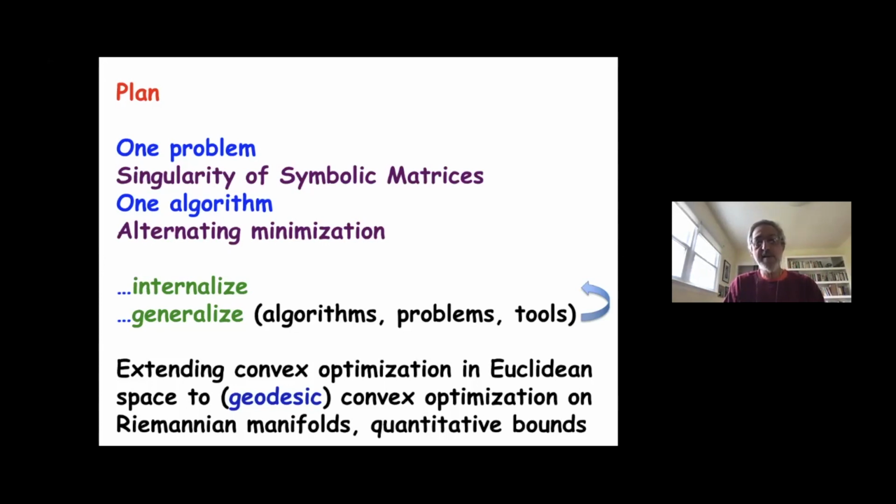It sort of extends the standard Euclidean convex optimization tools and algorithms to the context of Riemannian manifolds that are defined by group actions, and gives quantitative bounds to these algorithms.